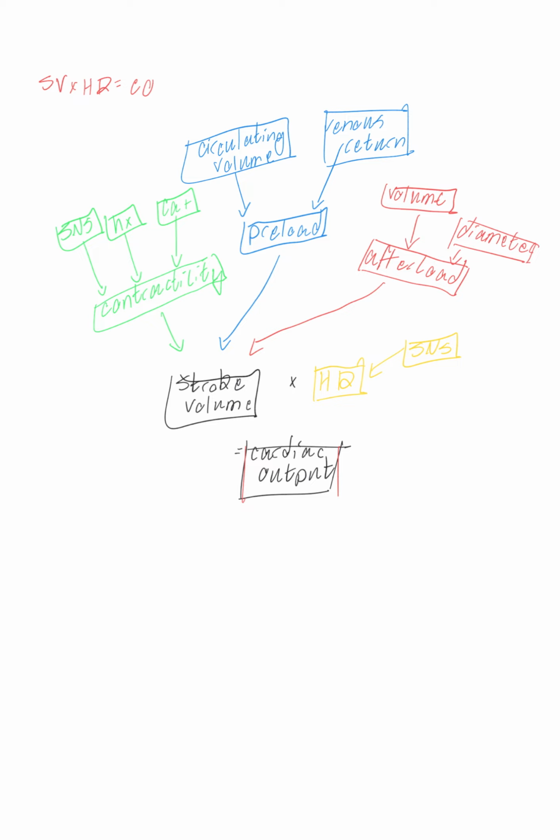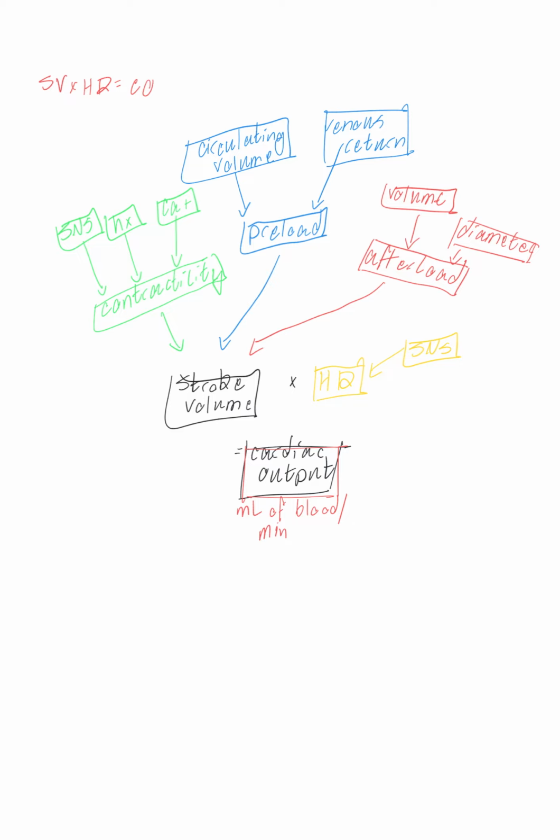Cardiac output is the milliliters of blood ejected from the heart per minute. I'll just put milliliters of blood per minute. Your body is very interested in keeping cardiac output as high as it needs to be to perfuse the vital organs.